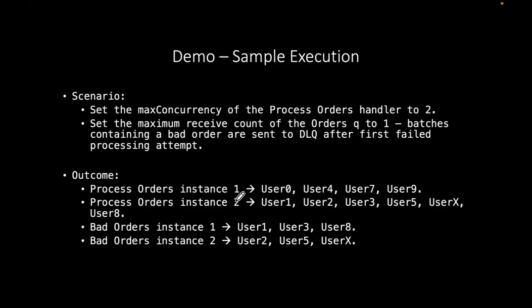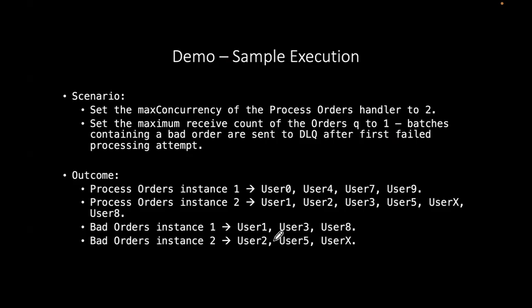And then when I looked at the log streams for the Lambda that processes bad batches, one of the concurrent instances received user 1 and 3 and 8, and the other one received 2 and 5 and X, which means 1, 2, 3, 5.